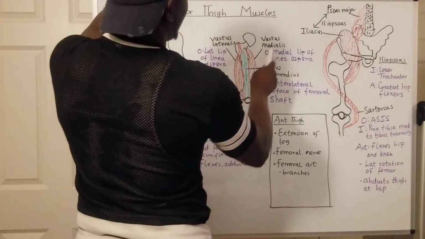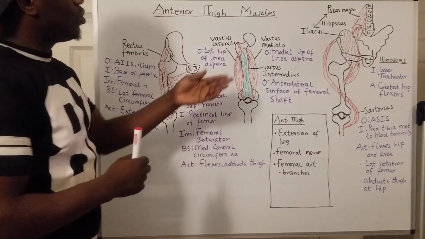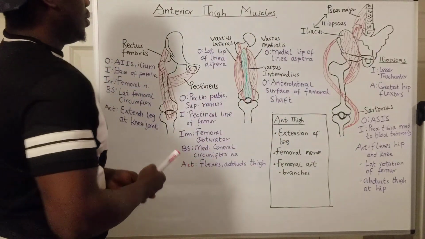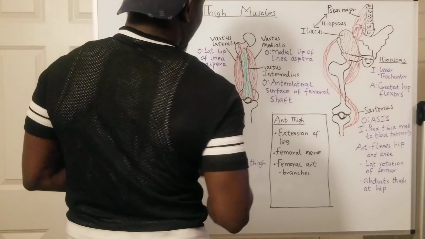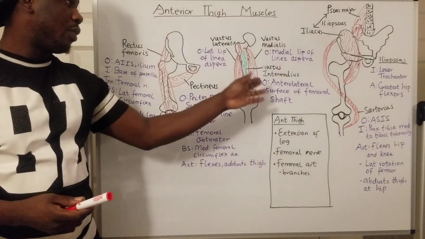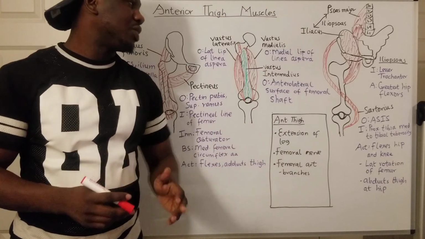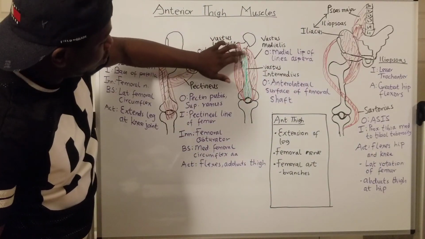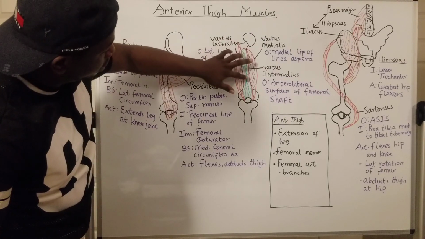All right. The vastus medialis. Vastus medialis is also from the medial lip of linea aspera. Vastus intermedius. So this one is different because this one, the origin is from the anterolateral surface of the femoral shaft. All right. So that's why I marked it with green. So this is the femur.